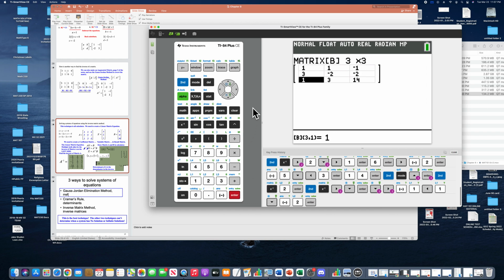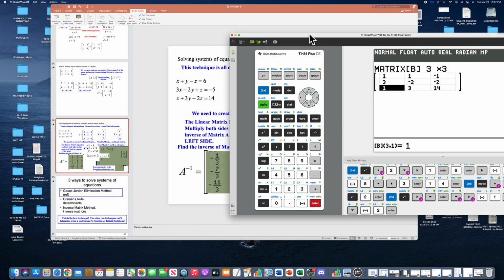Wait a minute, oh no, what did I do? Oh, I goofed things up here. 1, 1, -1, 3, -2. Oh, that needs to be a -1, right? Or a 1 right there. 1, 3, that needs to be a -2, so I must have missed the down arrow. There we go. Just a quick double check.